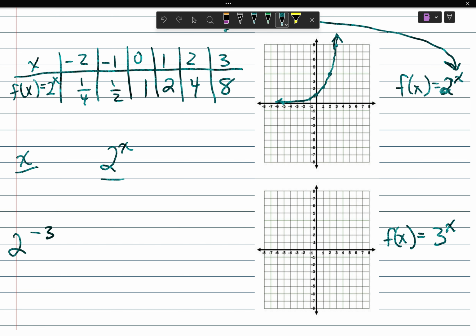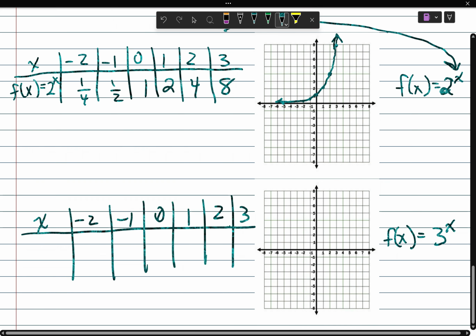Or 2 to the negative fifth power, you would get 1 over 32. So it gets closer and closer to 0 but remains positive. As x decreases, the graph approaches but does not touch the x-axis. If you look at my graph it's kind of touching, but imagine it coming really close without touching the x-axis, because the domain of the function is from negative infinity to positive infinity.